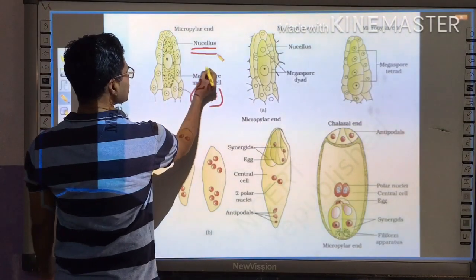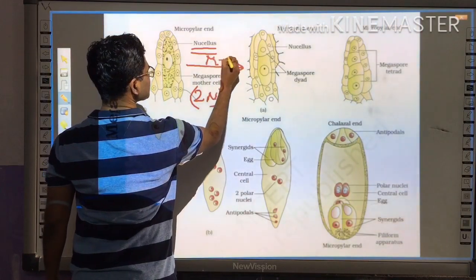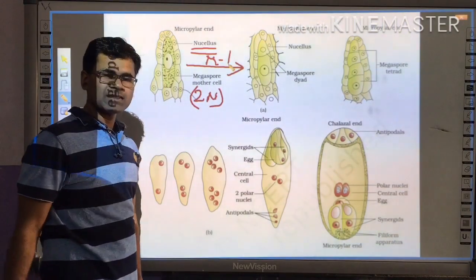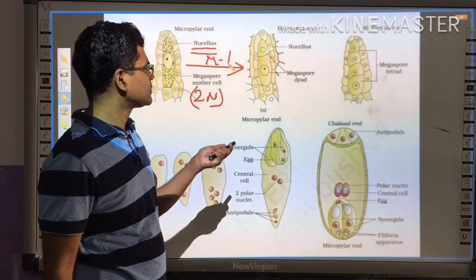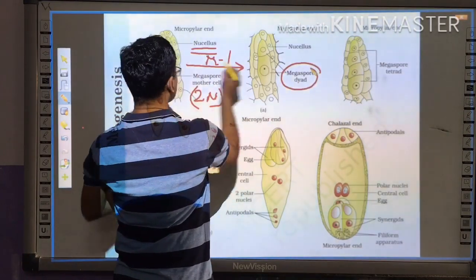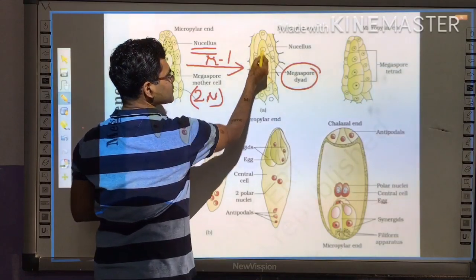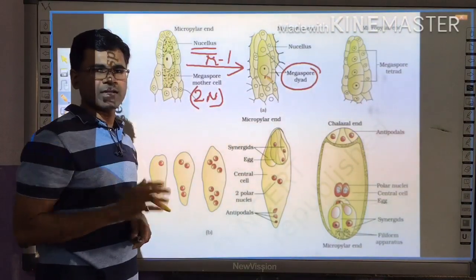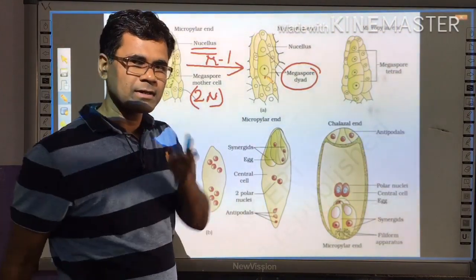This megaspore mother cell undergoes the first reductional division, called meiosis 1, and as a result of meiosis 1 it forms the megaspore dyad. You can see here the megaspore dyad, that is, one cell divides to form two cells. Di means two, hence it is called a megaspore dyad.